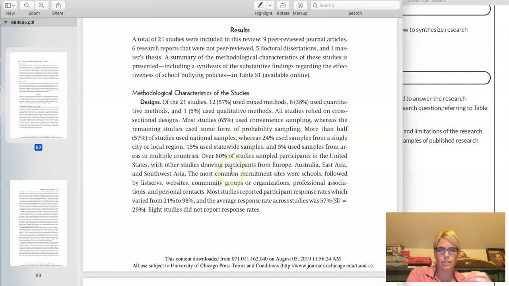Again, it's just the same type of summary that gives you an idea of who are we talking about here? What do these participants look like? 80% were in the United States, and some were from other countries, so I think that's good.